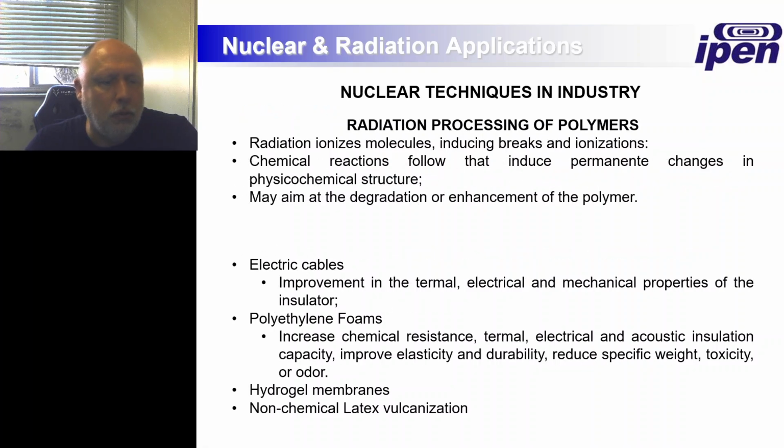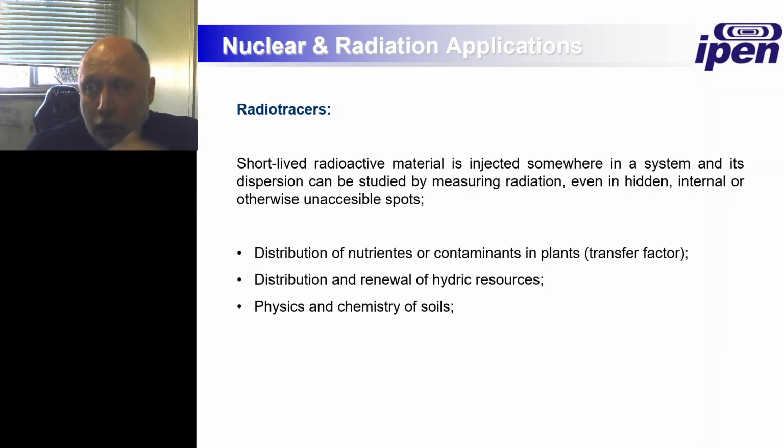For instance, I know they use it a lot in oil pipes, because sometimes you have to understand what is going where in your pipe system, whatever chemical system you have, because sometimes you think something is not doing what it should, and then you insert some radioactive material here, and you see how it disperses, and then you say, okay, there must be something blocked here, so let's just open this section, because I guess that's where the blockage is, right?